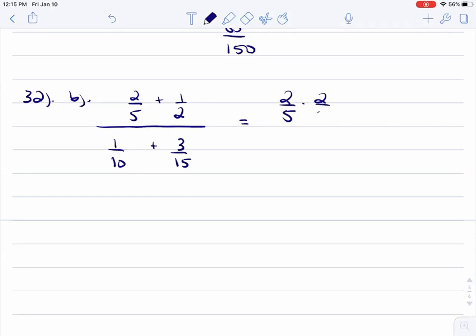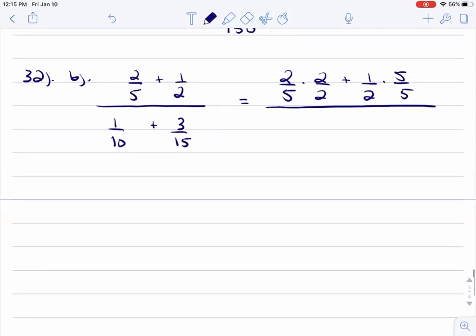2/5 times 2/2 plus 1/2 times 5/5, all over, same thing here, 1/10 times 15/15, just applying the same strategy that we used earlier, plus 3/15 times 10/10.